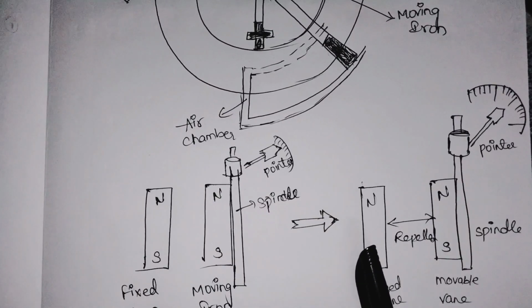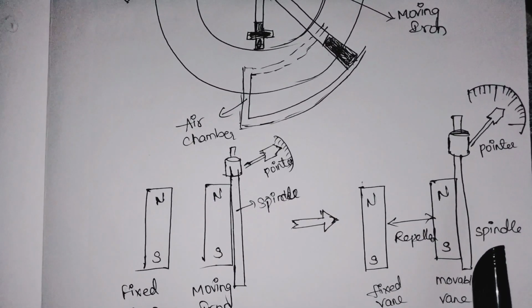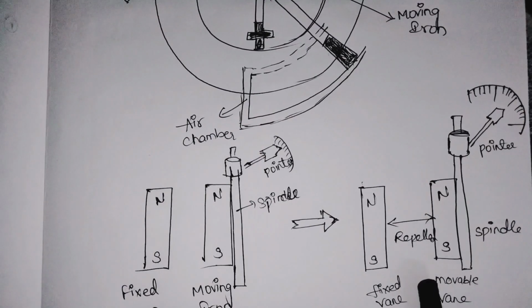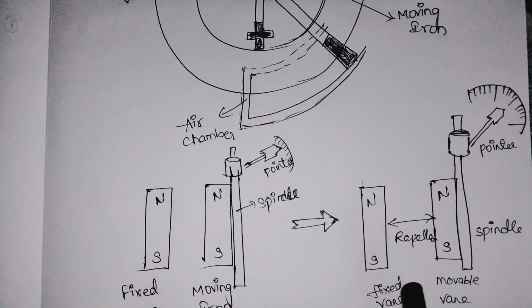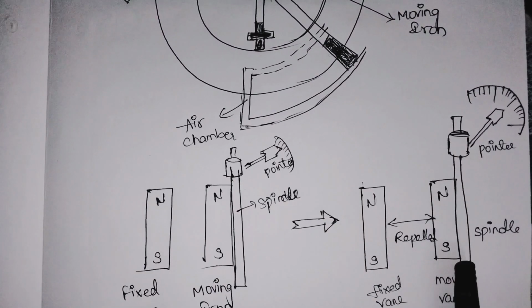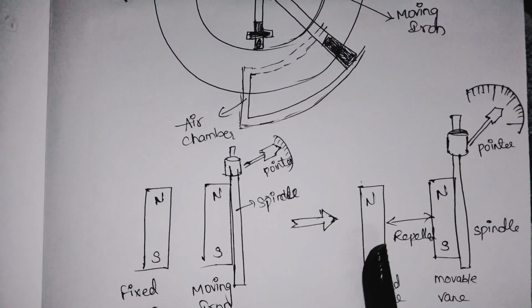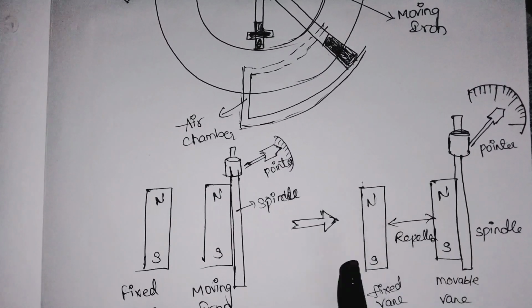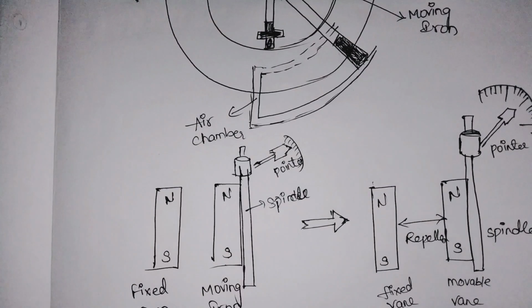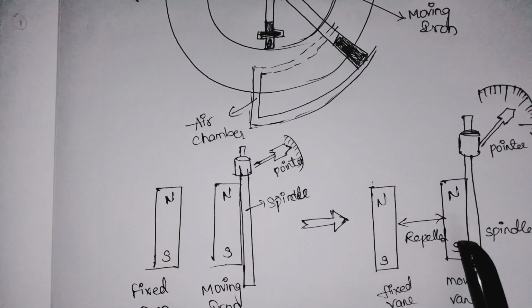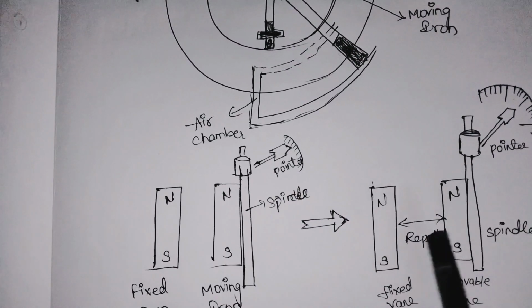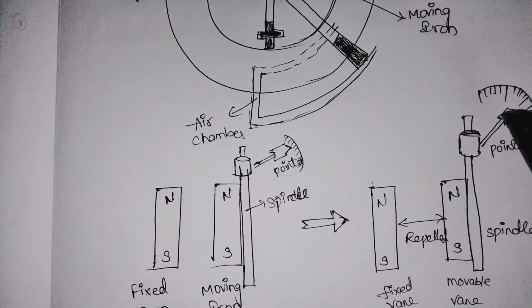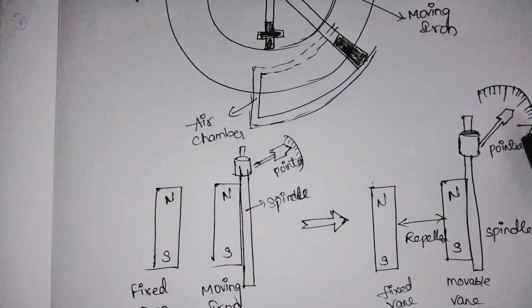So due to this, a repulsive force exists between the two vanes and the movable vane tries to move away from the fixed vane. They repel each other. Hence, the movable vane moves because of the repulsive force. The pointer, which is mounted on the spindle, then shows the deflection.